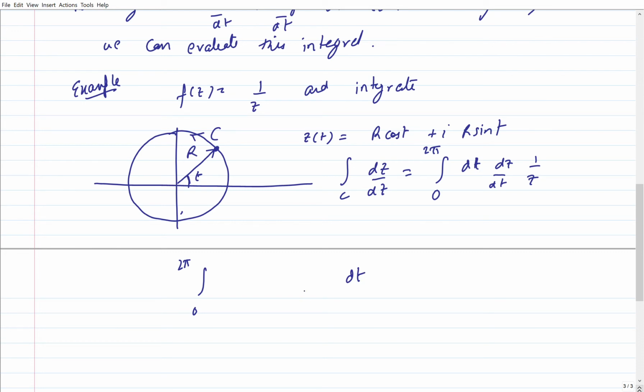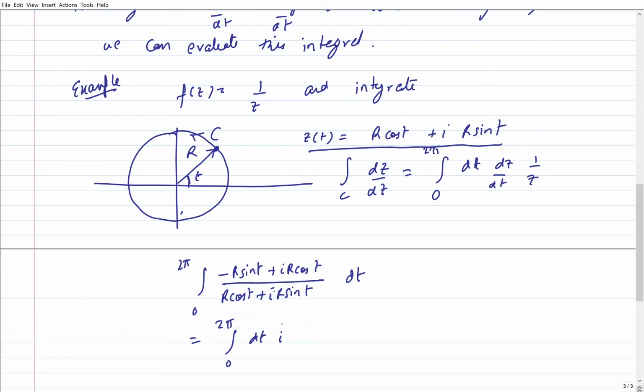I take dt on this side. dz by dt from this expression is nothing but minus r sine t plus iota r cosine t divided by r cosine t plus iota r sine t, which becomes 0 to 2 pi dt times iota, which is equal to 2 pi iota.